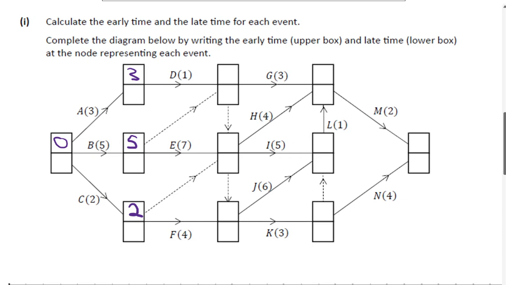However, when we go into this one here, this D, D depends on A, the 3, but it also depends on B, the 5. Even though there's a dashed line, that's not a task that has to be completed.